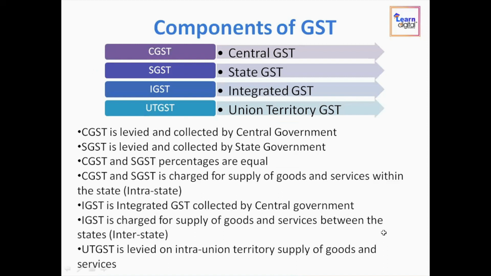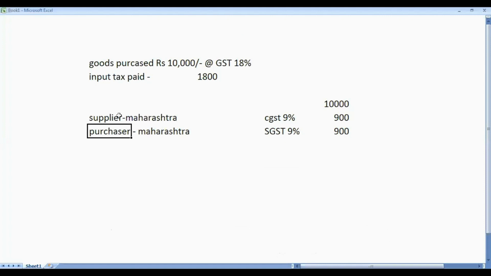Interstate means, suppose the supplier is from Maharashtra and the purchaser or customer is from Karnataka. In that case, instead of calculating CGST and SGST, the whole amount will be calculated as IGST, and IGST on that product will again be 18%.